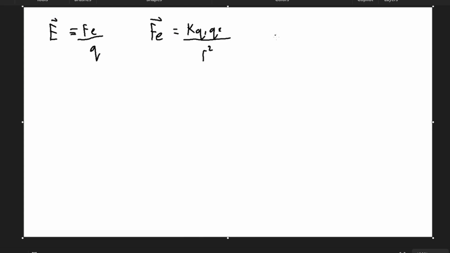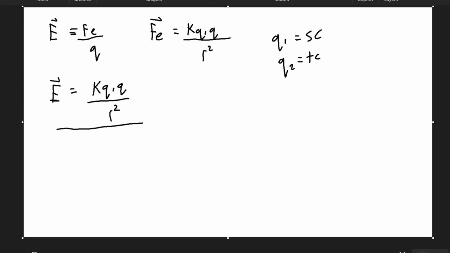So in this formula, we're going to assume that Q1 is the source charge, SC, and that Q2 is our test charge, so we're actually just going to remove the subscript of 2. So this will make E equal to KQ1 Q over R squared, and all of that over Q, then these cancel out.